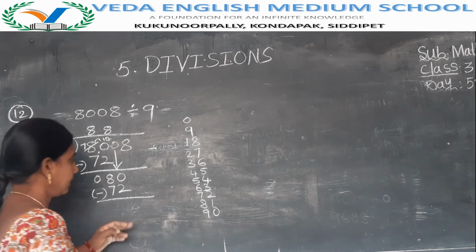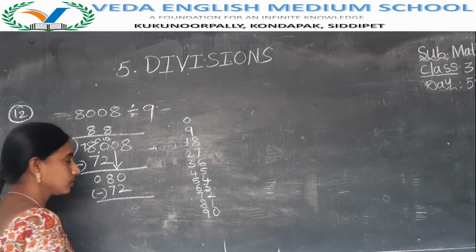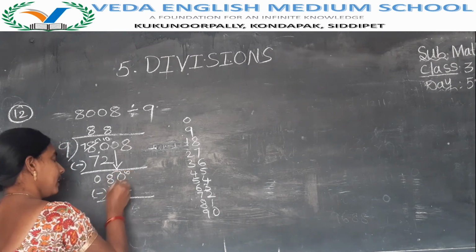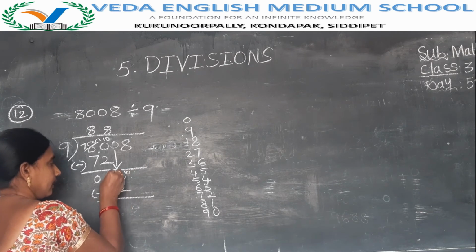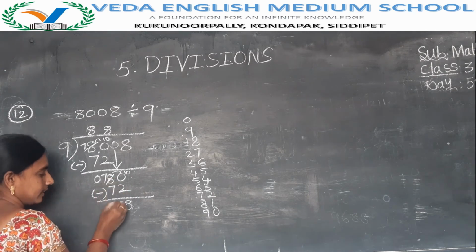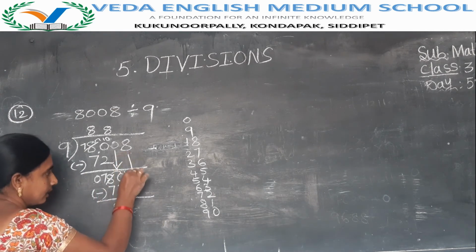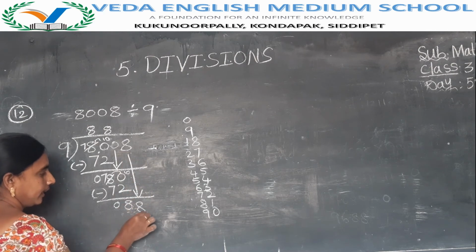Subtraction: here also 0 minus 2 cannot be subtracted. So take borrow: 10 minus 2 is 8, and 8 becomes 7. 7 minus 7 is 0. Here one more digit, that is 8. Bring it down. Here now 88.